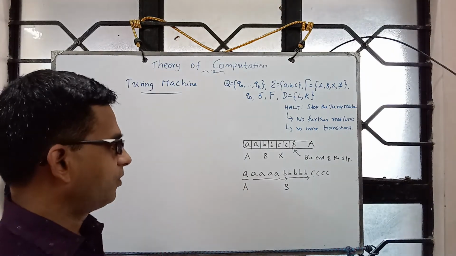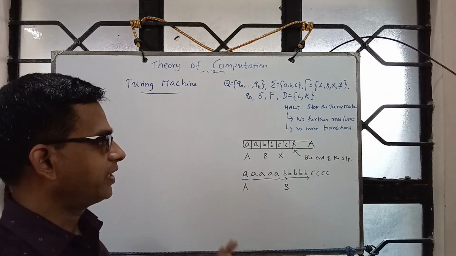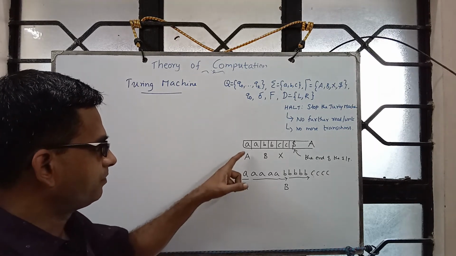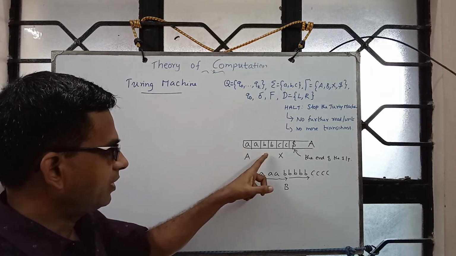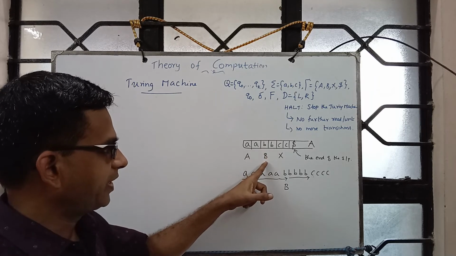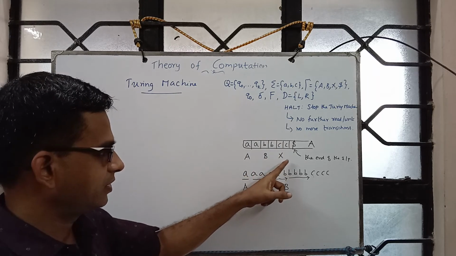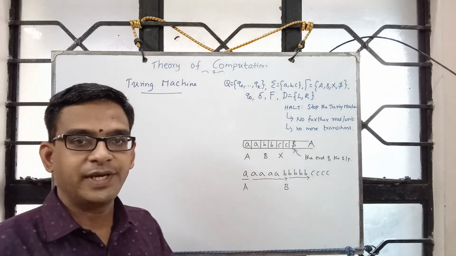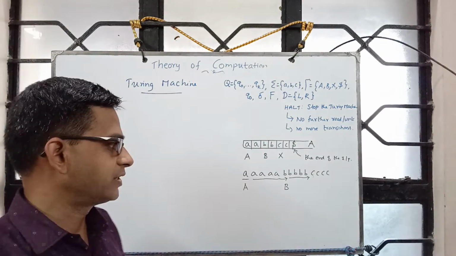Now let's look at the transition function for a^n b^n c^n. The logic that we are going to implement is the following. Replace a by capital A, move right, replace the corresponding b by capital B, move right, replace the corresponding c by X. Come back and continue this process. Look for the next a, followed by b, followed by c, and continue this process.